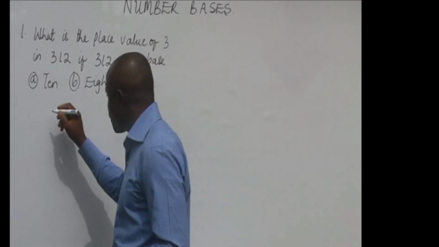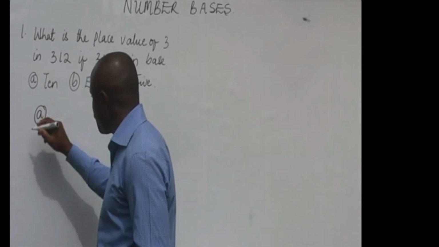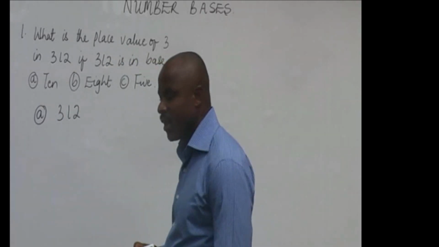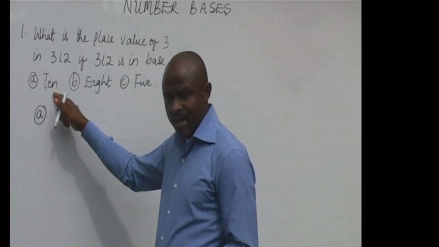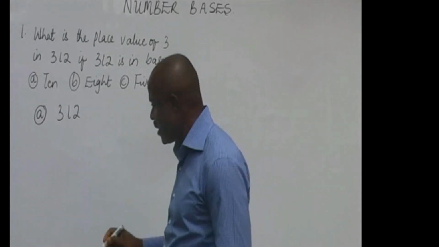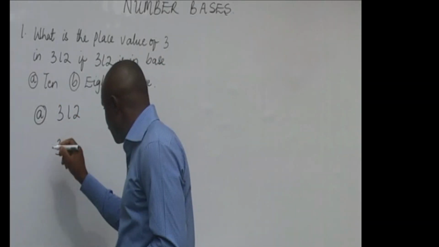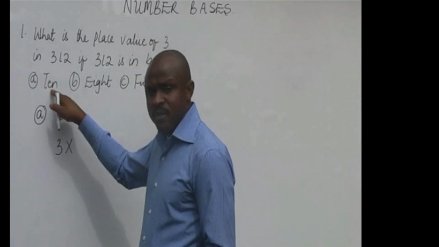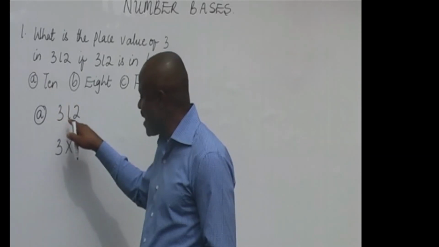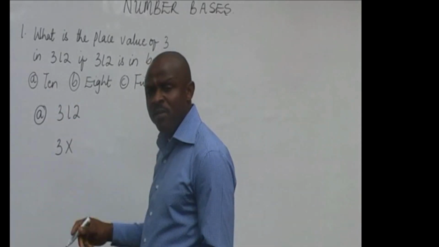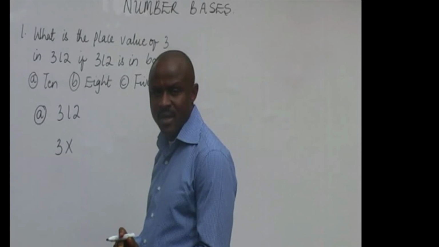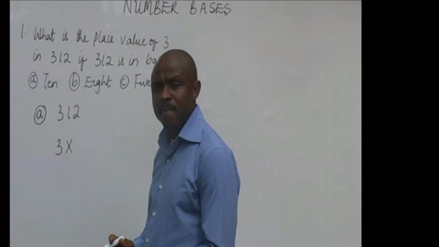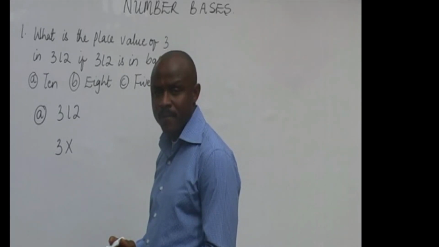First of all, let's take the first question. Question number A. We have 3, 1, 2 in base 10. 3 is going to be, if you write the 3 out, you multiply it by, since it is base 10, you multiply it by 10 in the number of the remaining digits that are left after you have picked the number you want to find its place value.